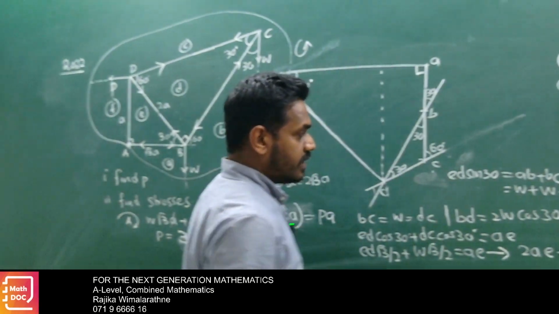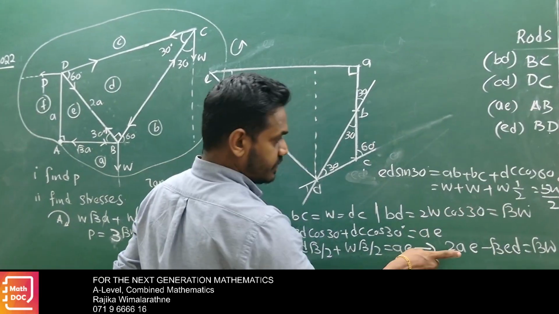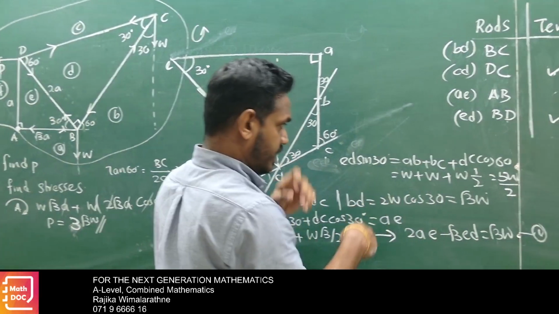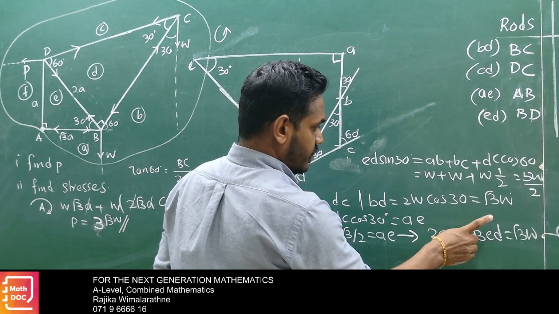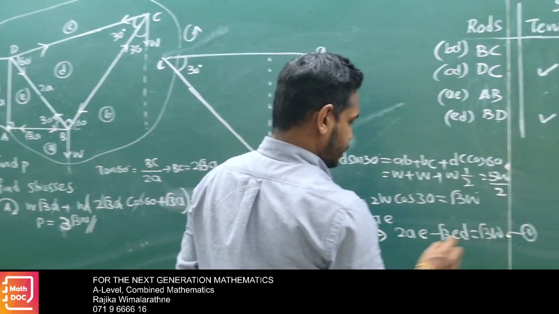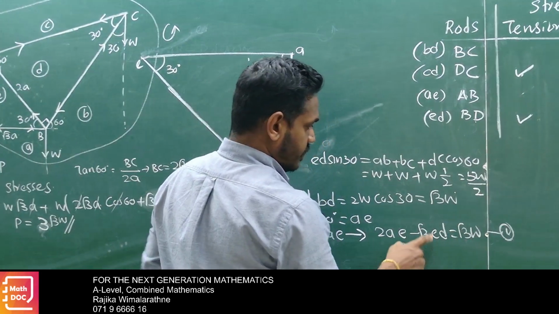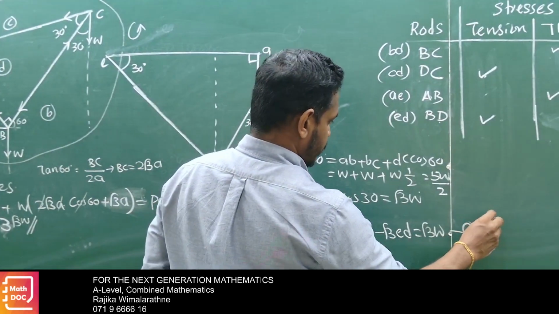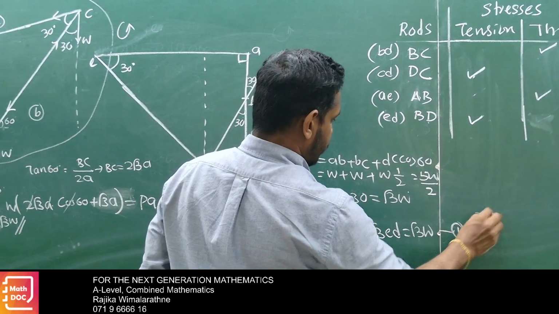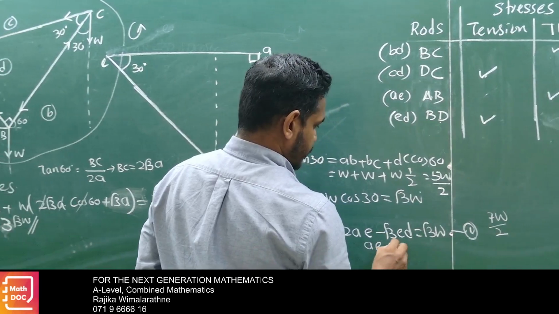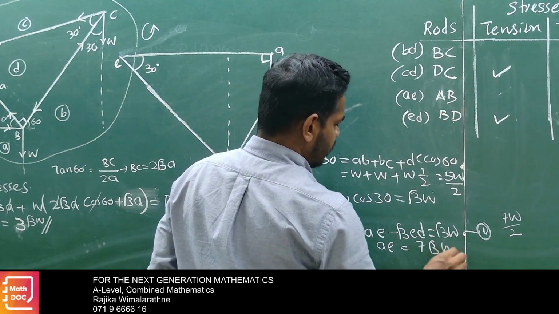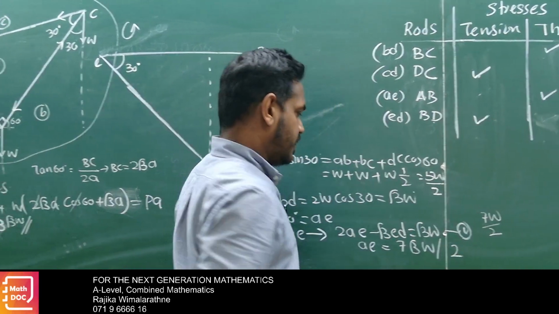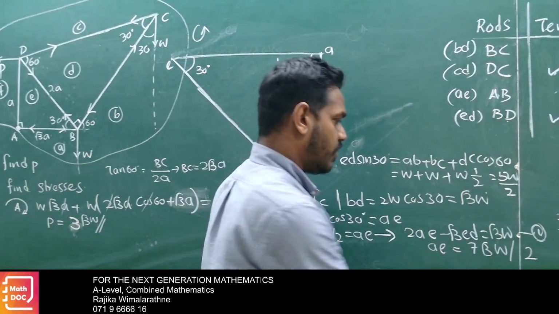Okay. Then here 5W over 2 you substitute here. Here ED, no? 5W over 2. Then by this you find AE. 5W over 2, then 7W over 2. 7 root 3 W over 2, or 4, no?